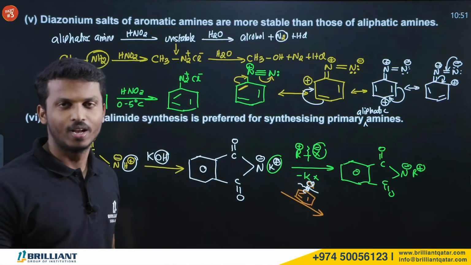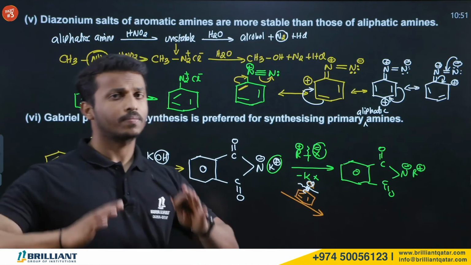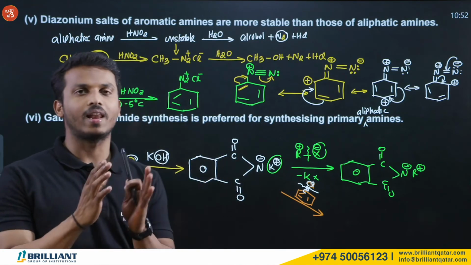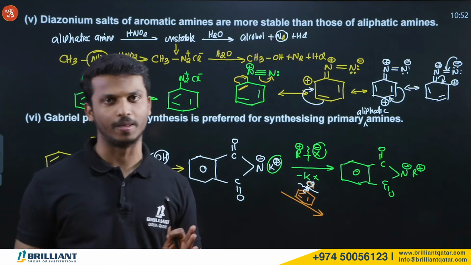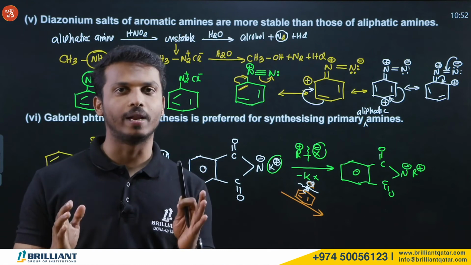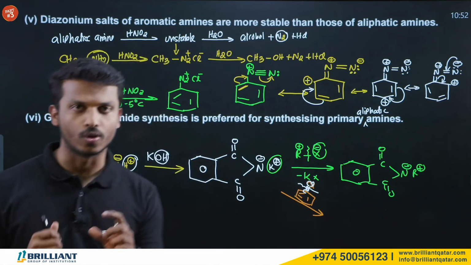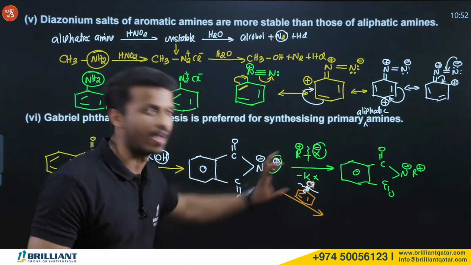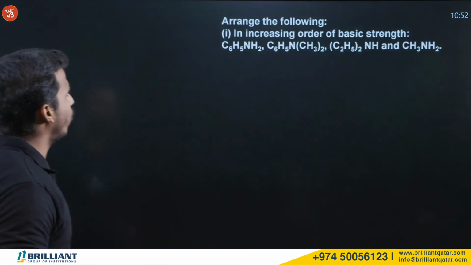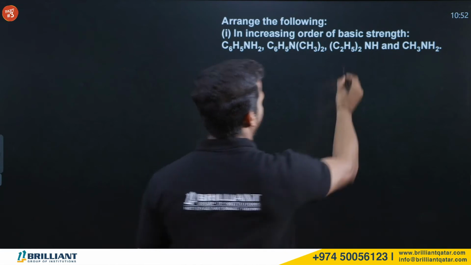We cannot break it. So aryl halide cannot react with this species because aryl halide has a partial double bond between them. So aromatic amines cannot be prepared through Gabriel phthalimide synthesis because of the stronger bond of aryl halides. Clear?